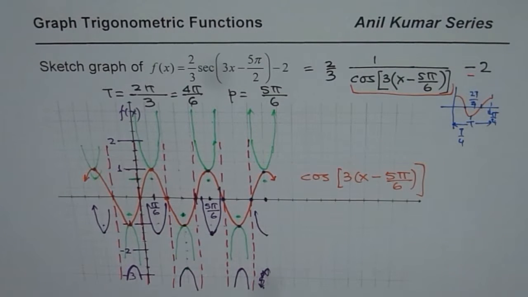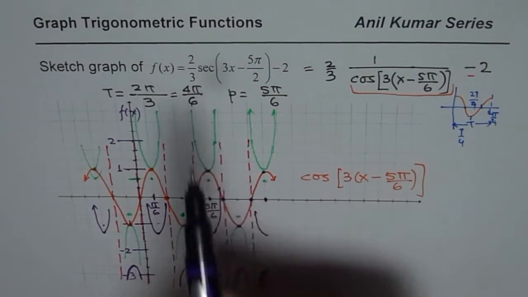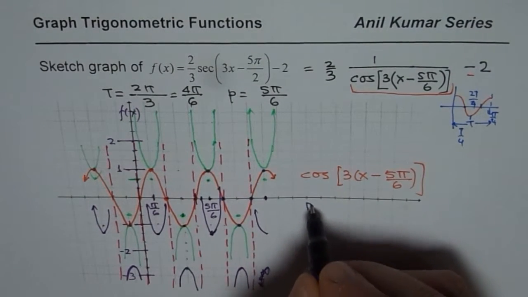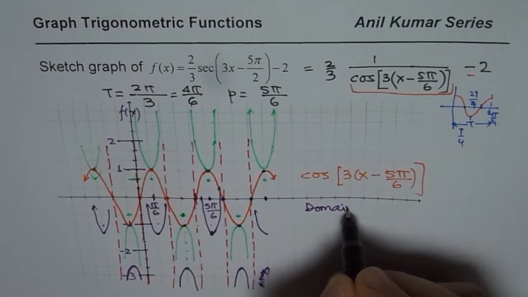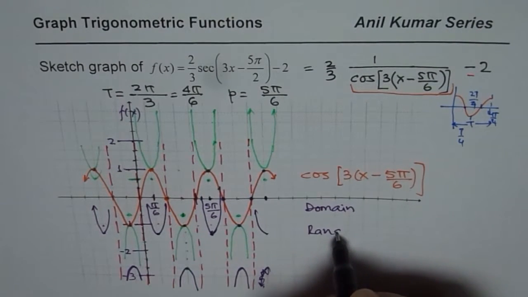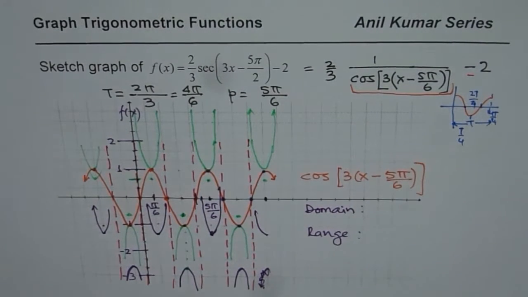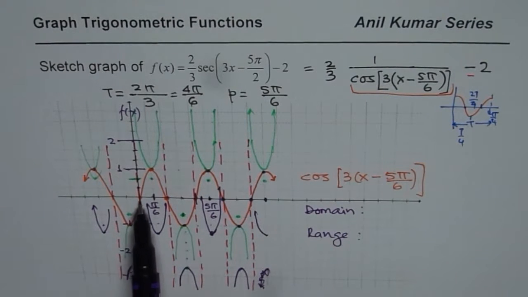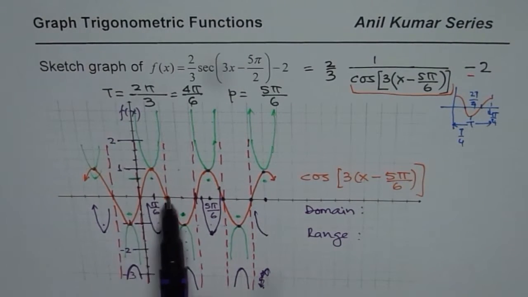Now as you can see here, what is going to be the domain and range for this function? Can you write it down? You need to write the domain and range of the transformed function as an exercise, correct? So you can see from here that there is 0 and then they are repeating after 2 pi by 6, right?